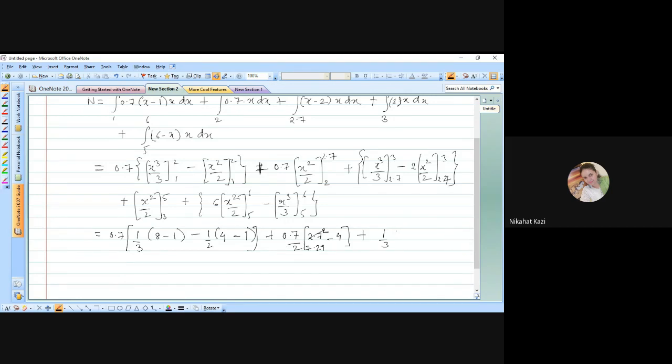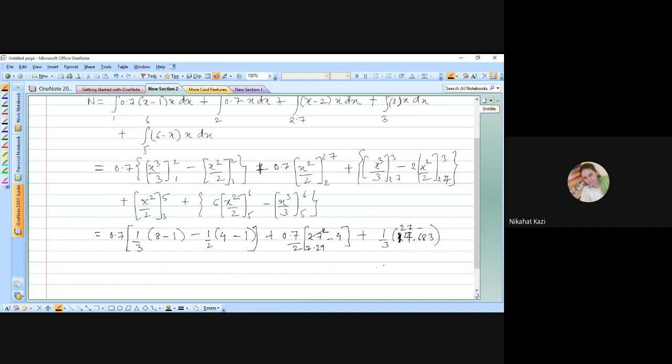Three cubed is 27. 2.7 cubed is 19.683. So actually 27 minus 19.683, that is 3 cubed minus 2.7 cubed, right?